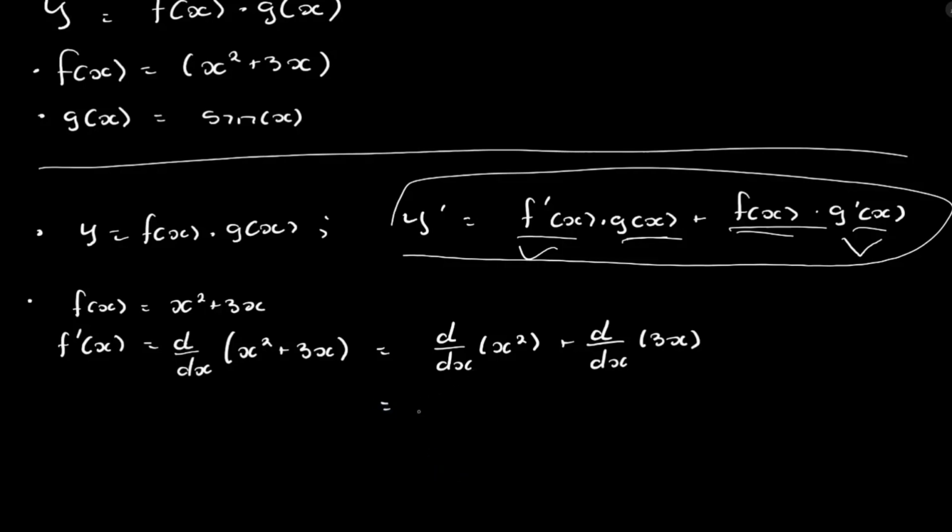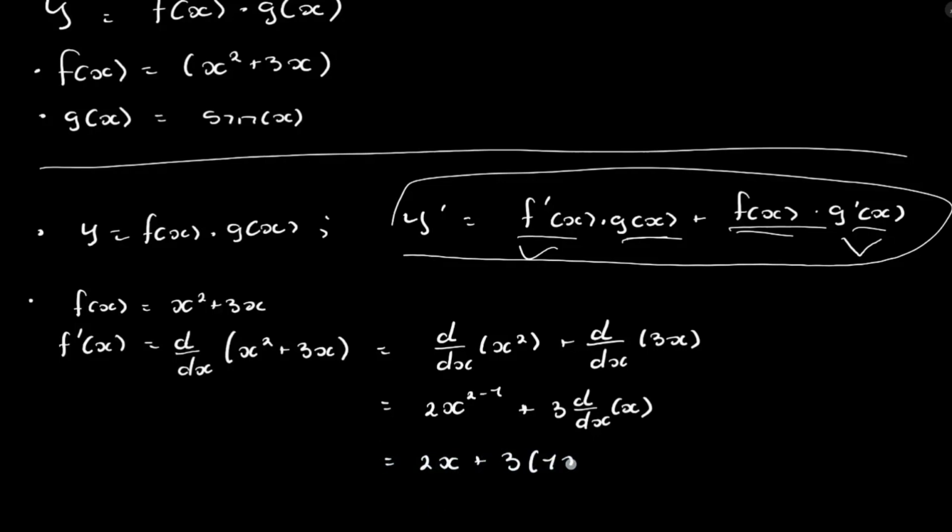And this then is equal to 2x to the 2 minus 1 from the power rule, plus 3 times the differential with respect to x of x, that is the constant multiple rule, giving us 2x plus 3 times 1x to the 1 minus 1. This gives us x to the power 0, which is equal to 1. So this leaves us with 2x plus 3 times 1, which gives us 2x plus 3.